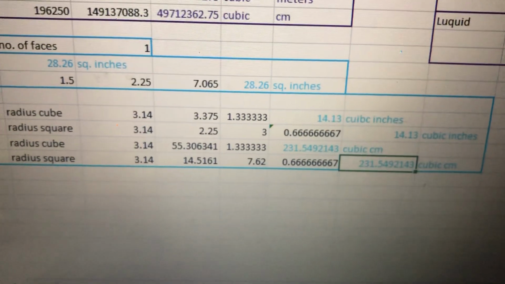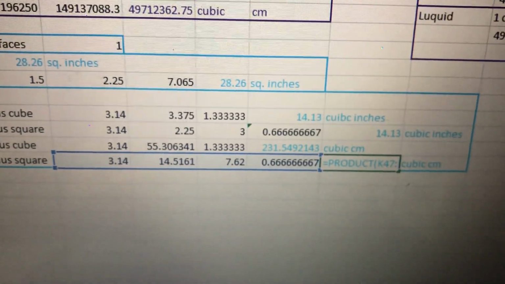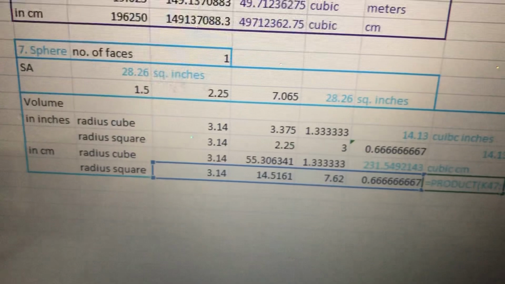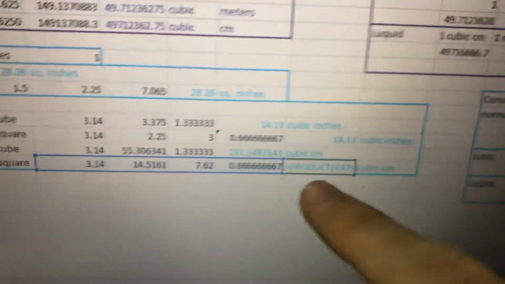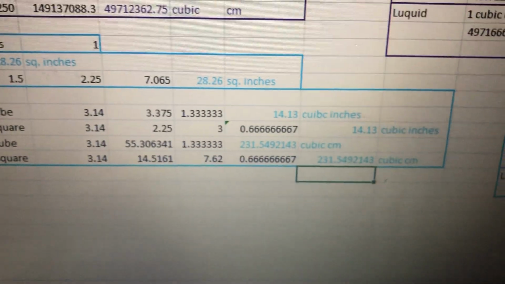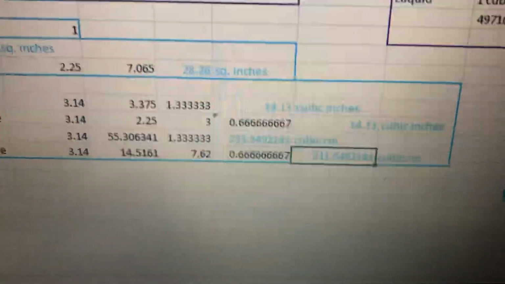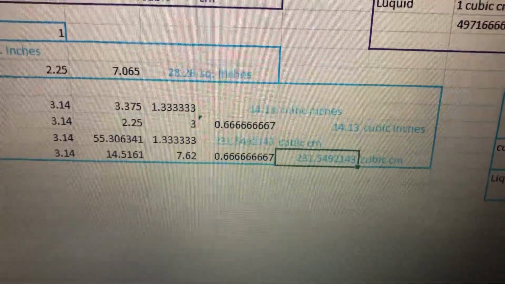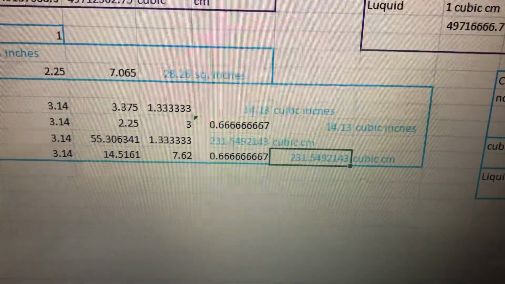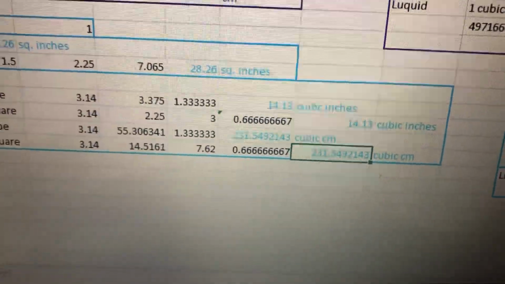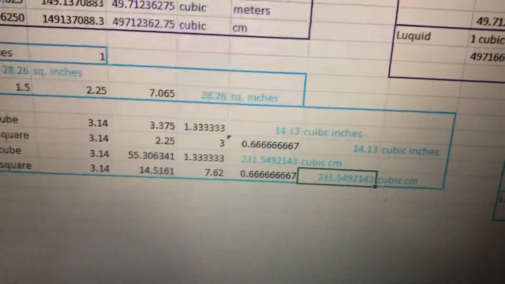So 2/3. And then I product everything. The answer na kinuha ko, the same literal 231.5492143 cubic centimeters.